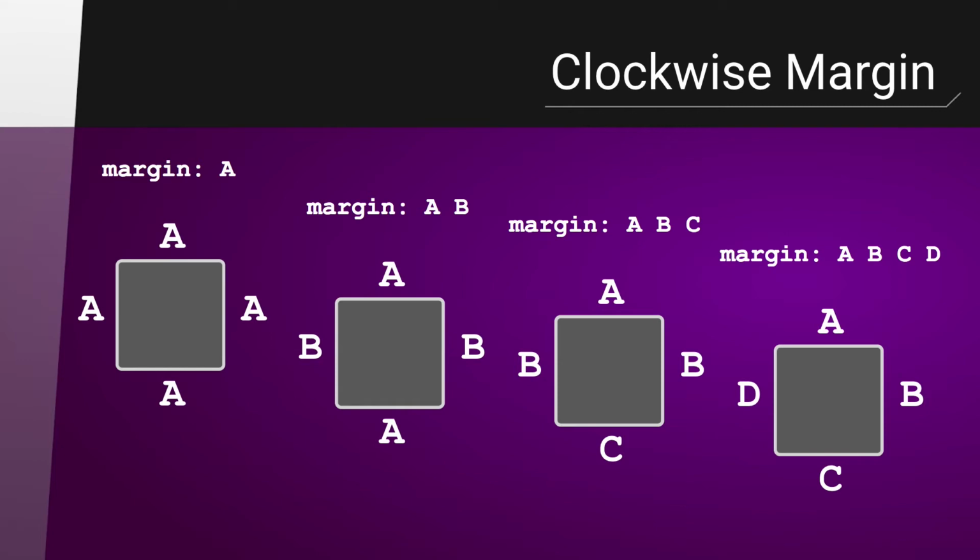So if you just give 1 value, all the values are the same. If you give 2 values, the first is the top and bottom, the second is the sides. If you give 3, the first is the top, the second is the sides, and the third is the bottom. If you give 4, it's A, B, C, D. That's just kind of confusing, so heads up to that.